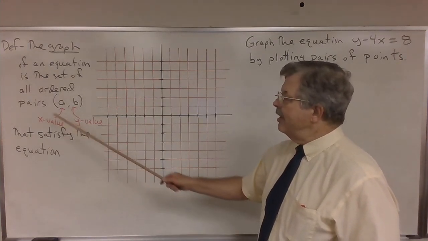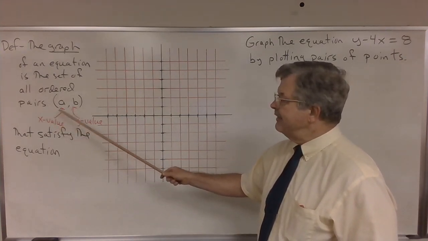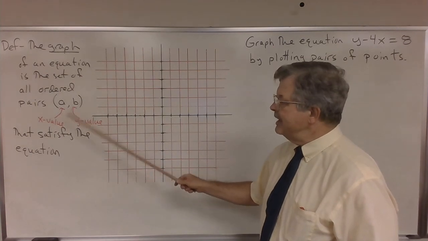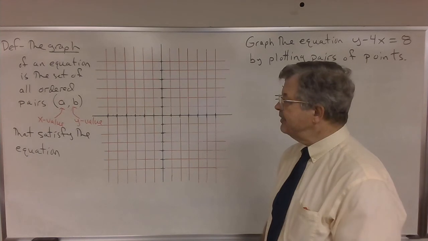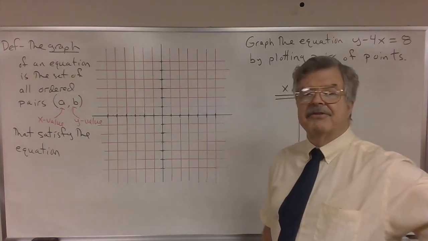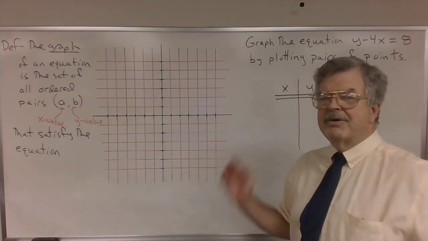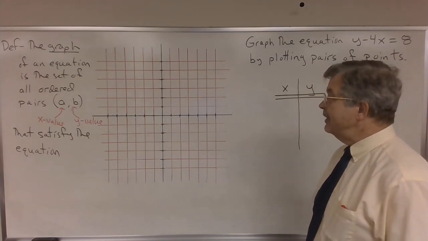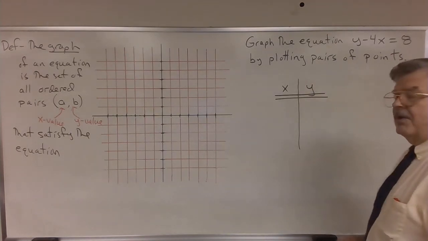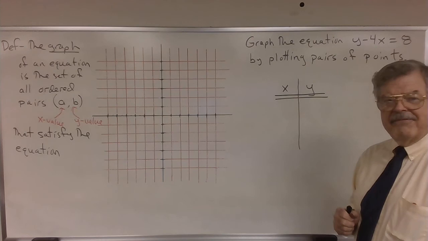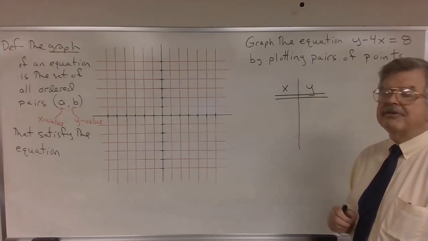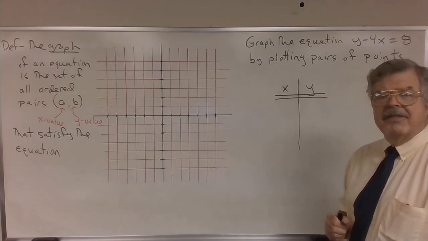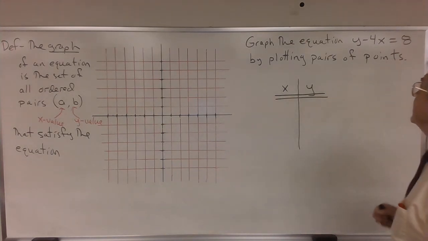So it's the set of all ordered pairs, X value A and Y value B, that satisfy the equation. So that's what the graph is. It's the set of all ordered pairs that satisfy the equation. And one way that we can graph an equation or construct the graph of an equation is to plot some points and then connect them.